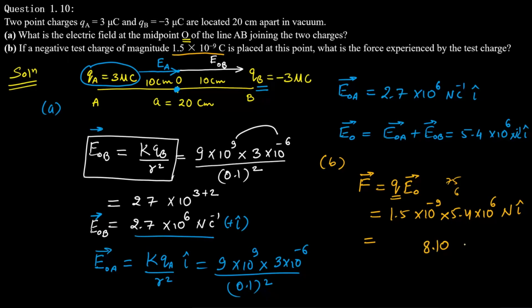So it is 8.10 into 10 raised to minus 3 Newton along positive x-axis. I hope you are clear with the solution. Note down this.